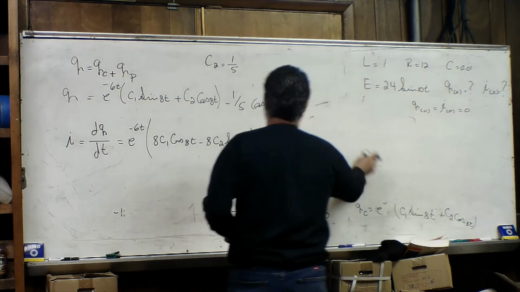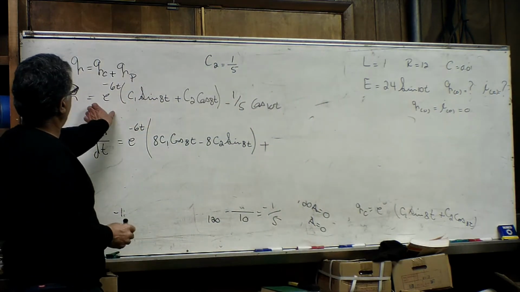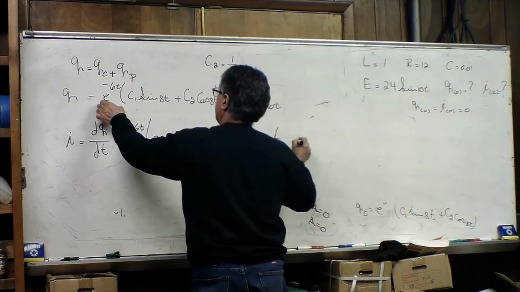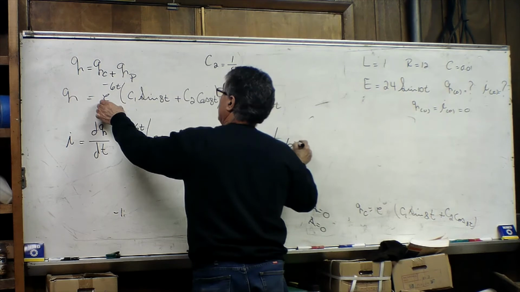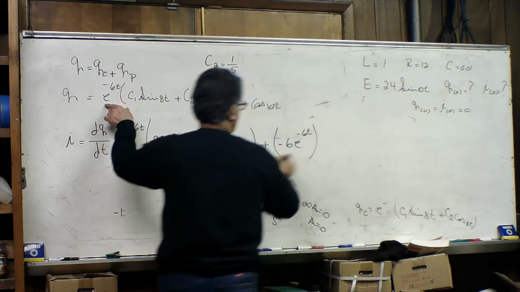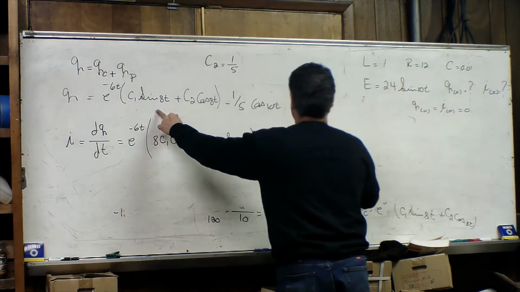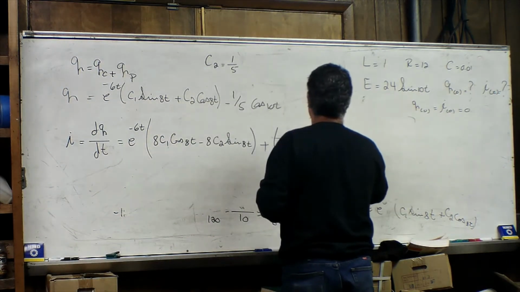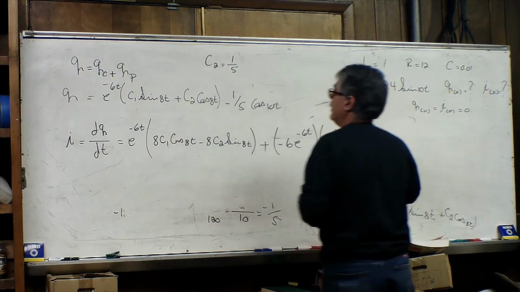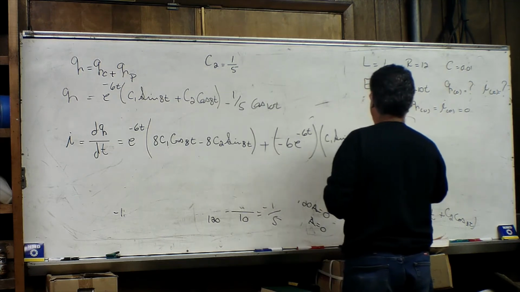then plus the derivative of the first portion, which is minus 6 e to power minus 6t multiplied by the first portion, multiplied by C1 sine of 8t plus C2 cosine of 8t.